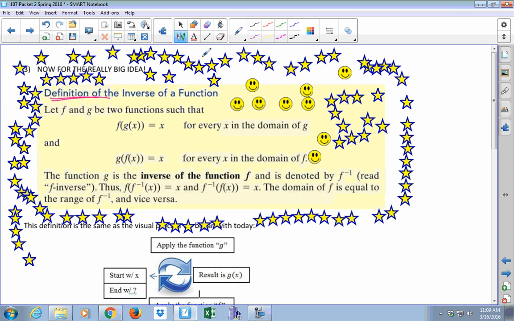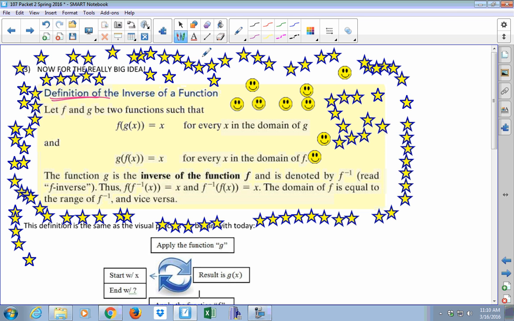Now, if you recall on Monday in class, when we were doing the mother and the father example, the order that you did m of f of p and f of m of p certainly changed the relative we were looking at. And so we said the order of composition is important, and it's not commutative, which means that when you reverse the order, you don't get the same result.